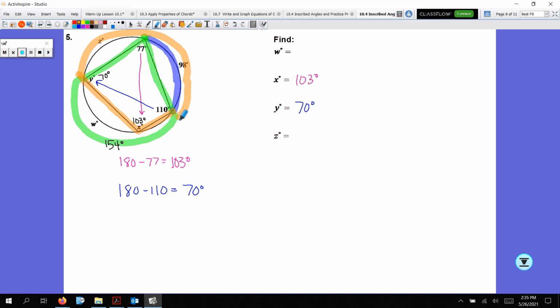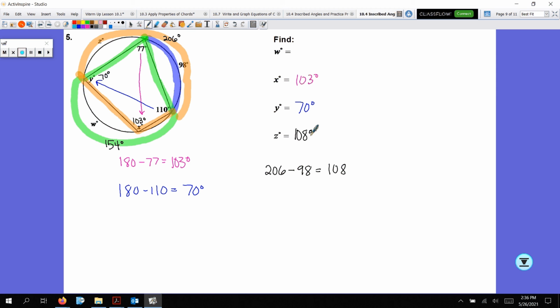So that whole orange part of the circle is 2 times 103, which is 206 degrees. We know this blue arc is 98. We can subtract and find z. So 206 minus 98 gives us z, which is 108 degrees.